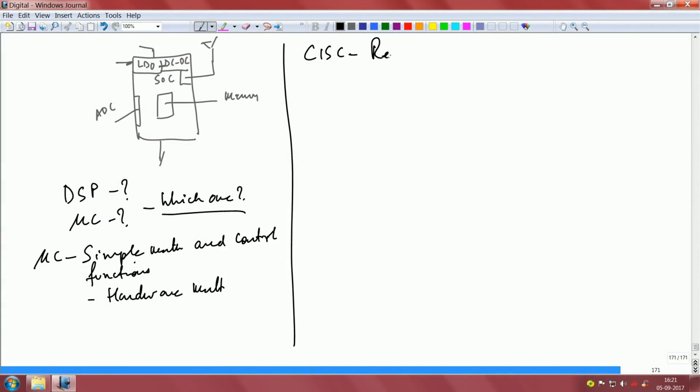I do not want to say what you should choose, because there are so many players in the market. Cisc processors, Renesas is there.